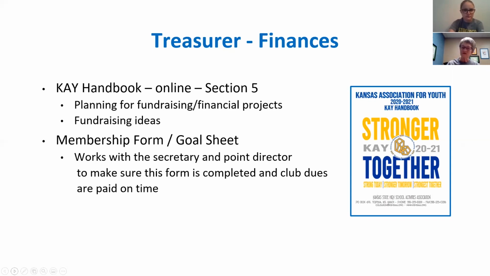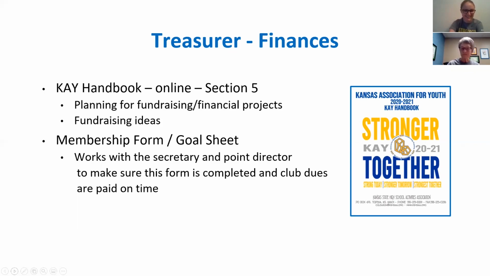Can you babysit during parent-teacher conferences for the parents of young children? Can you rake leaves for elderly people? Can you deliver May Day baskets? We saw wonderful May Day, K-Day projects that were posted online this spring. So think about the ways that you can provide service to others, not just fundraising, but fundraising are in section 5.